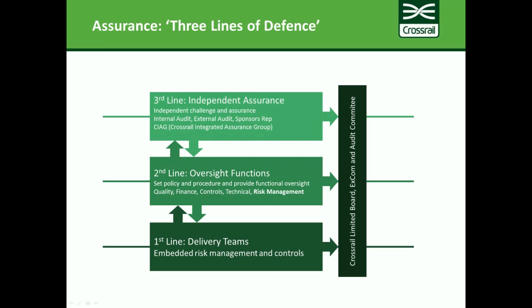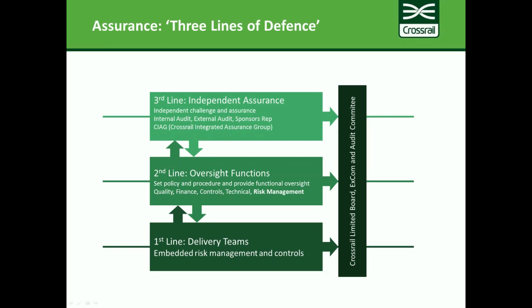Second line is the internal oversight functions, and third line is independent assurance. Embedding risk management into the process and into the project really supported that first line. As a functional lead for risk management on this project, I sat at the second line with an oversight function, setting policy and procedure and monitoring performance. And then the third line, as I say, independent assurance.